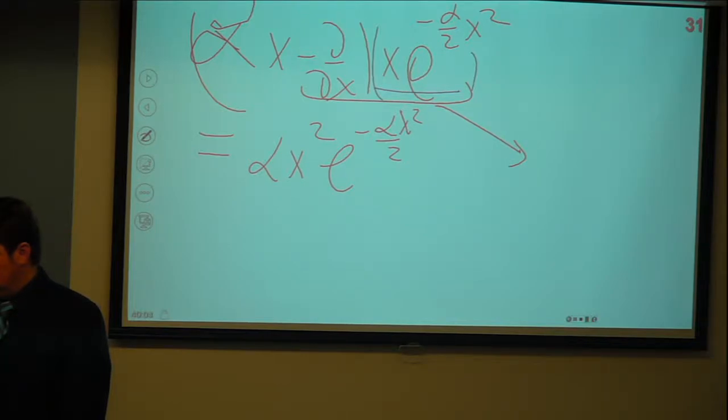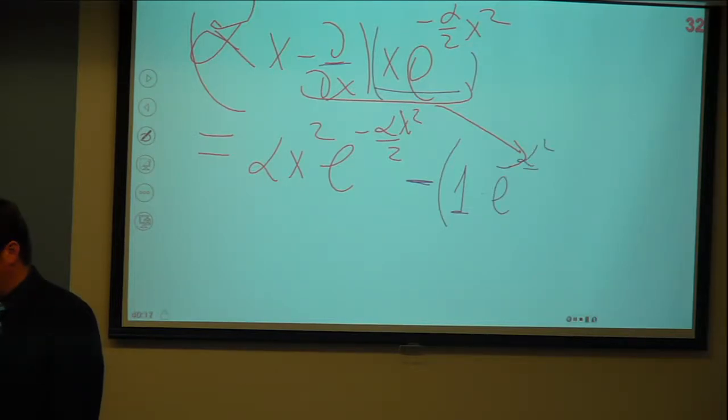So, there will be a minus sign in front, minus applying the derivative to x, d/dx, which will be 1 times e to the minus alpha x squared divided by 2, plus x unchanged, and then we apply the derivative to the Gaussian function.